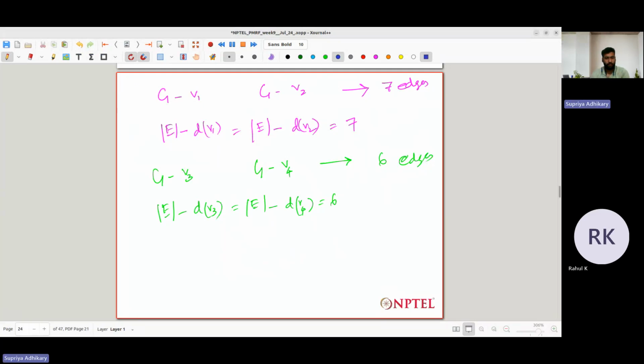And finally, G minus V5 and G minus V6 both have 5 edges, so the same holds.